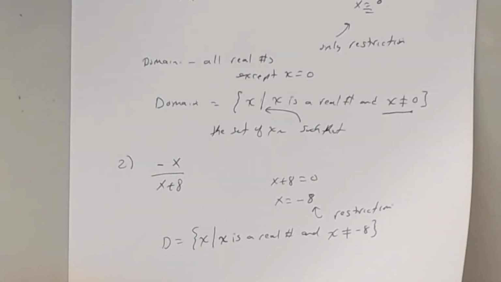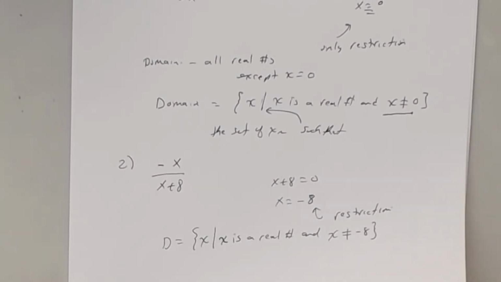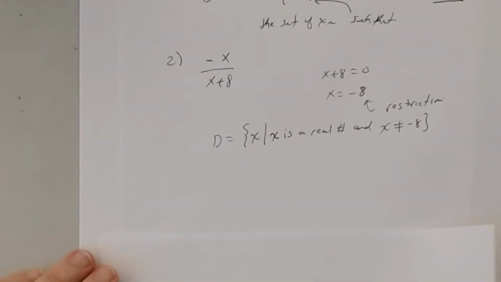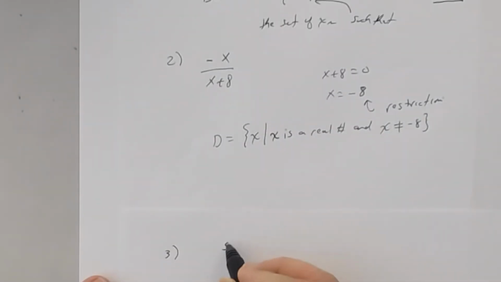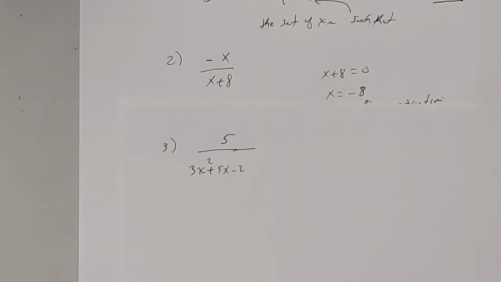Okay, number 3. Suppose I was dealing with this rational expression, 5 divided by 3x squared plus 5x minus 2.